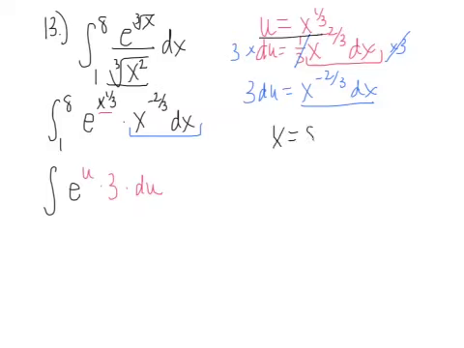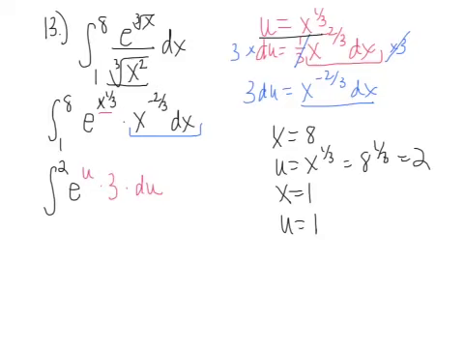If x is 8 and u is x to the 1/3, then u is going to equal 8 to the 1/3, or 2. On the bottom, if x is 1 and u is x to the 1/3, we'd have 1 to the 1/3, which is still 1. So that guy doesn't actually change.